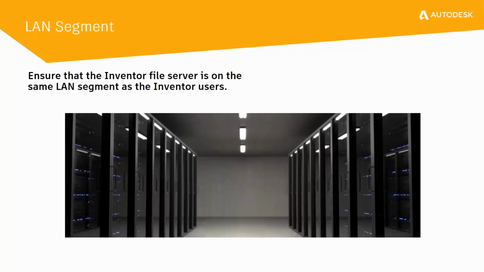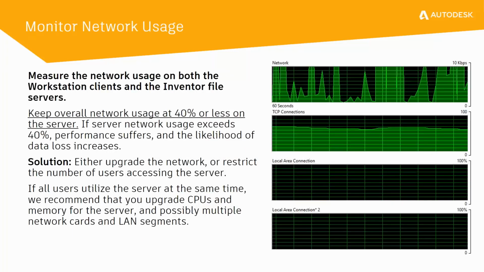As well, when it comes to the LAN segment, ensure that the Inventor file server is on the same LAN segment as the Inventor users, and this is going to help improve performance as well. Now you can monitor your network usage, on both the workstation clients and the Inventor file server, to understand the resource requirement on both ends.